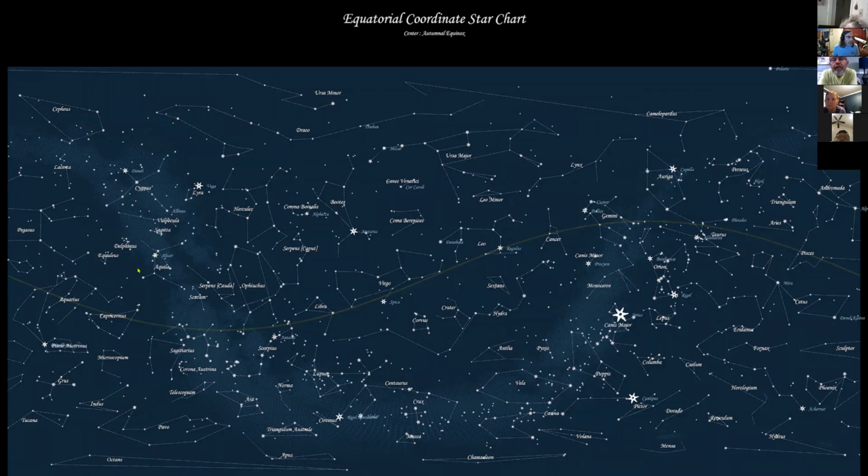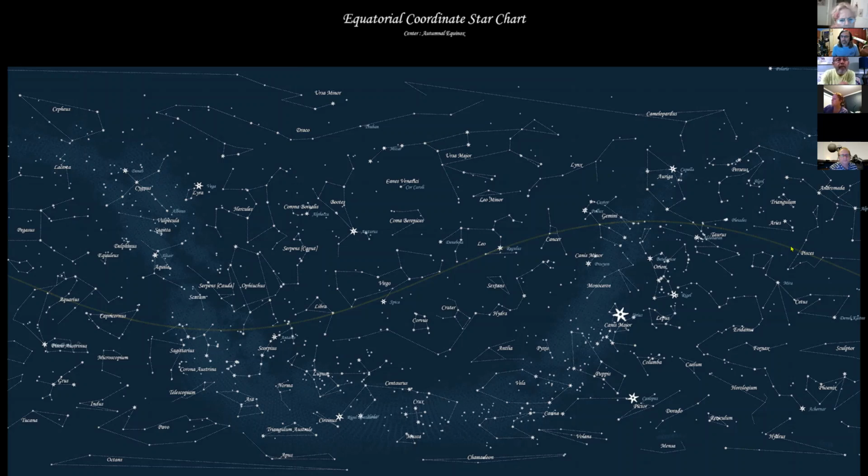Okay, so we've got our celestial equator running right down the middle, connecting this point to this point to this point. And then this yellow-green line is the ecliptic. That's the line that the sun and all the planets go through. And you can see the zodiac here. Aries is not, oh, here's Aries.